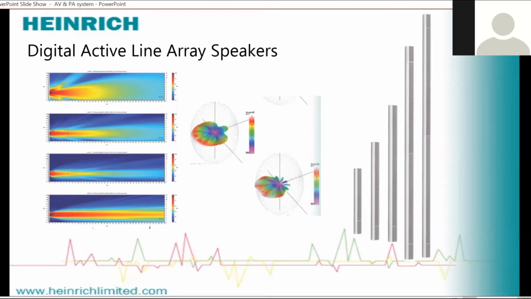Suppose we have a conference room where the length is 30 meters. Instead of using multiple ceiling or wall mount speakers, you can use only one or two digital active line array speakers that will cover all your conference room.